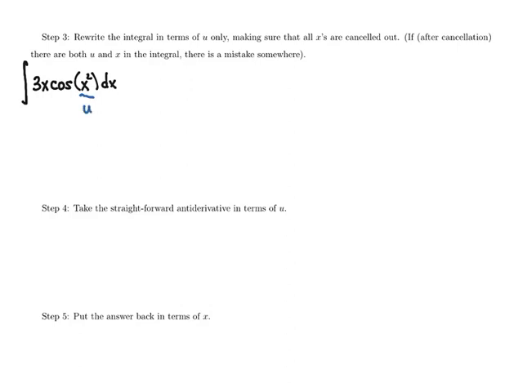And we know that the dx I can rewrite as du over 2x. So rewriting that in terms of u now, I have 3x cosine of u times the derivative of u, or du, over 2x.